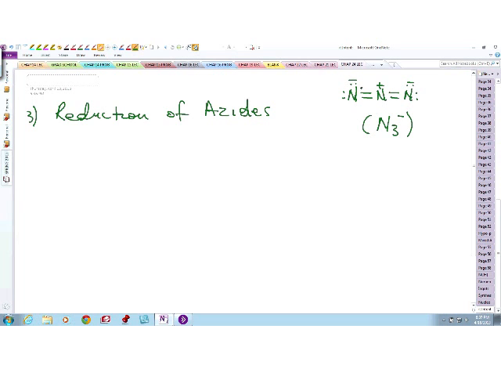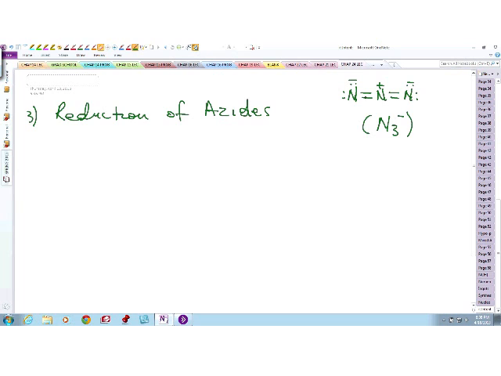If you look at this, it has a net negative charge, because you see here you have a negative charge on this nitrogen and a negative charge on this nitrogen. However, this nitrogen is positively charged, so there is a net charge of -1. Now this molecule here could act as a nucleophile.